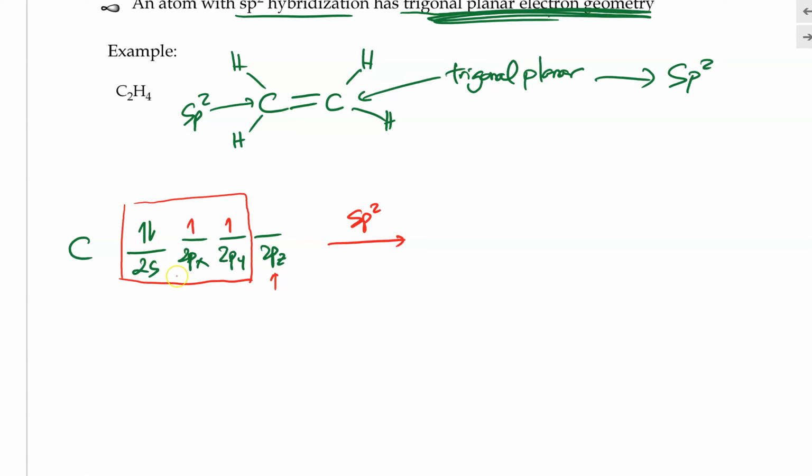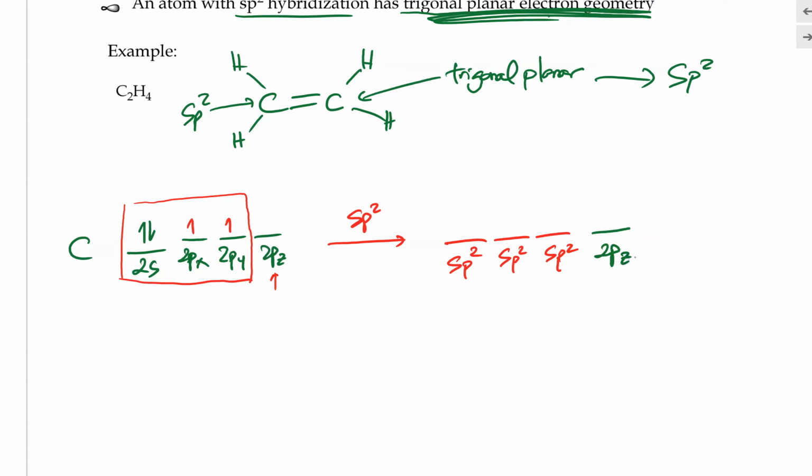Because we now have 3 orbitals hybridized together, we will produce 3 hybrid orbitals, and each of them is referred to as an sp2 orbital. We still have 1 p orbital remaining that is unhybridized, and that is this 2pz.